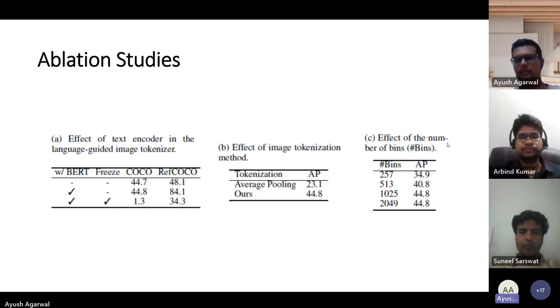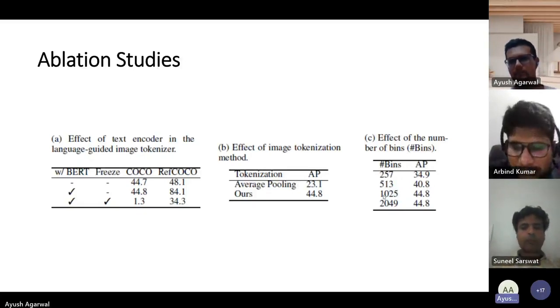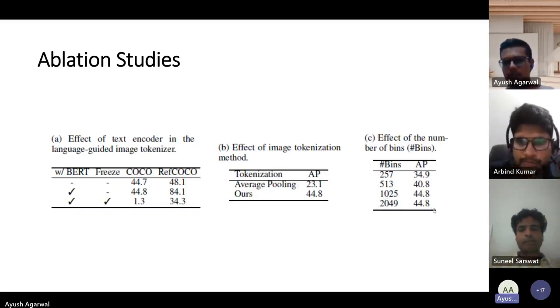Then there is the effect of the number of bins, the bins for the position location tokens that we use. This was the standard 1025, and when they double it, the performance does not improve.